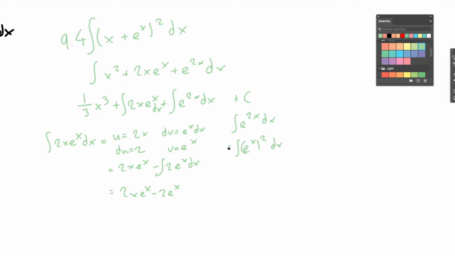So we could integrate this by parts, which is what I'm going to try to do. What am I doing?